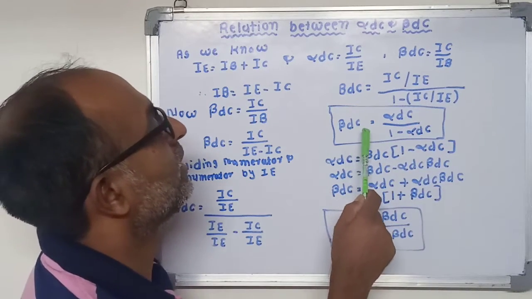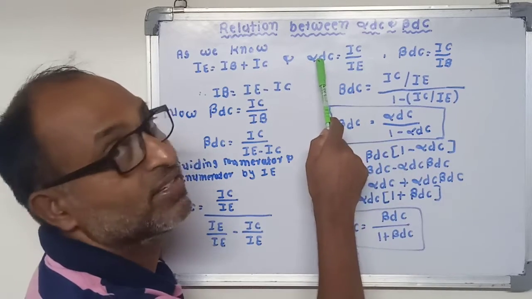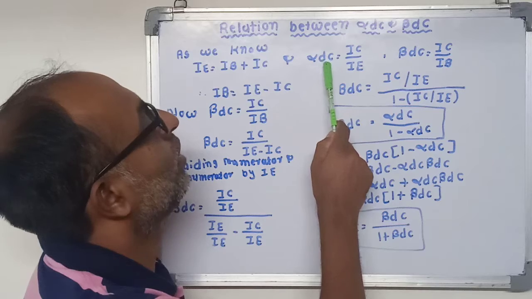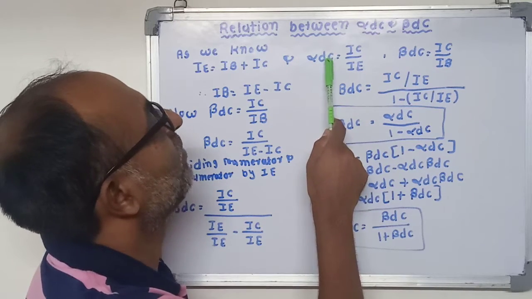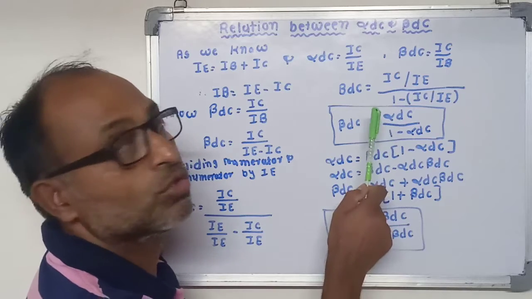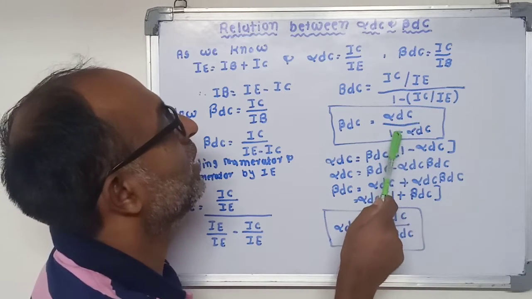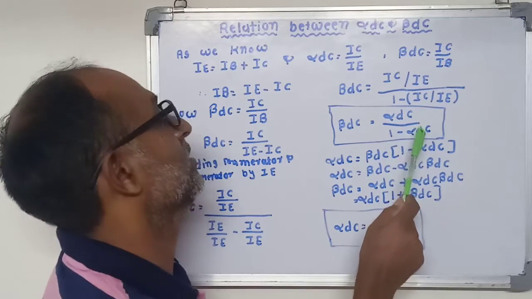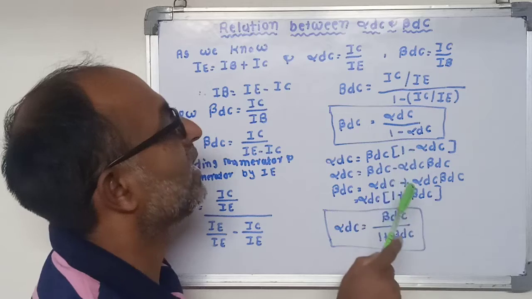Now we can see that IC by IE is equal to alpha DC. So just put the value of IC by IE as alpha DC in this equation. So we get beta DC is equal to alpha DC divided by 1 minus alpha DC. So this is the equation for beta DC.